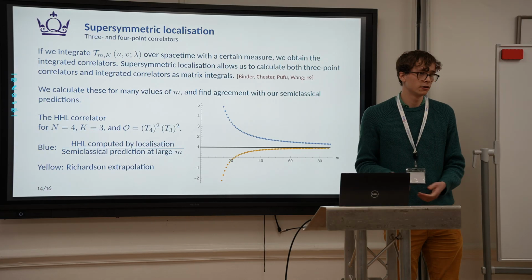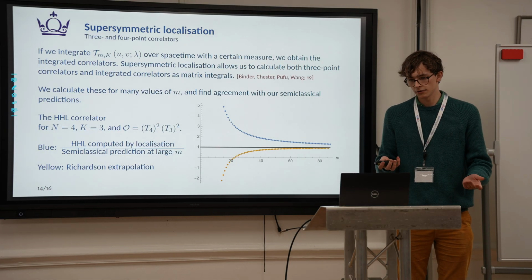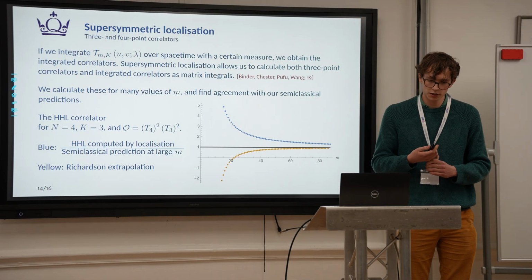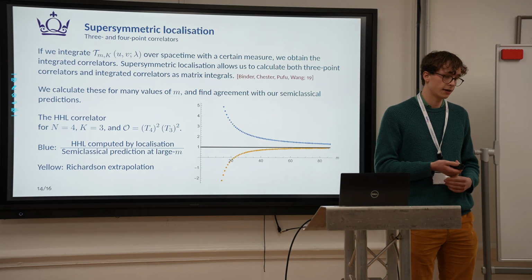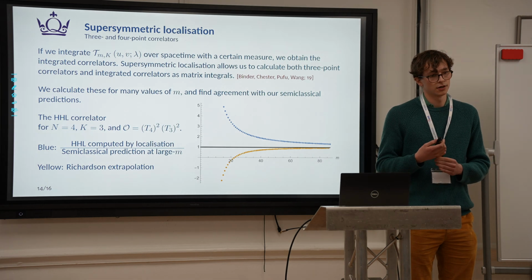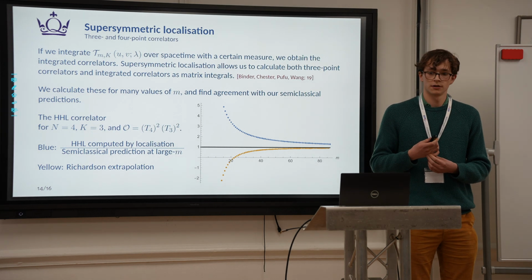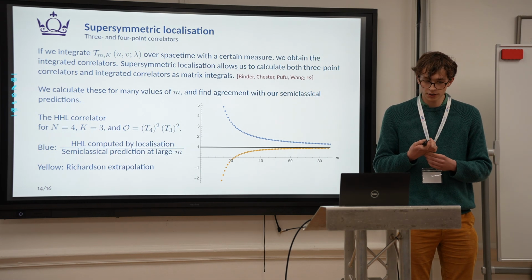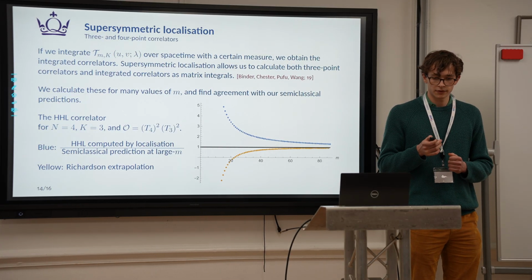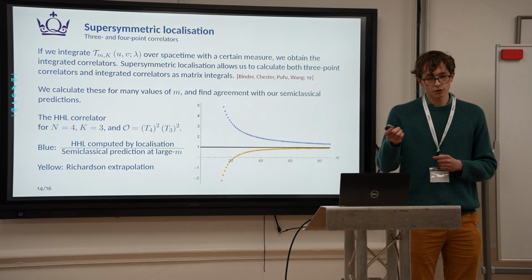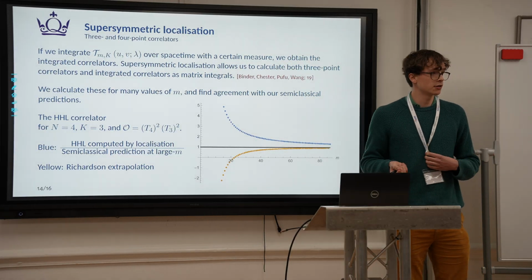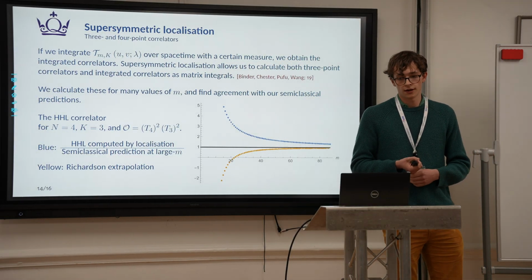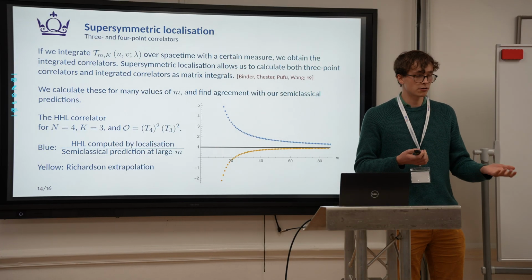So that's our proposal of the solution, but we now need to check it. How we do that is we use supersymmetric localization. This dynamical part of the 4-point correlator, this T, if we integrate over it with a certain measure, we obtain the integrated correlator.